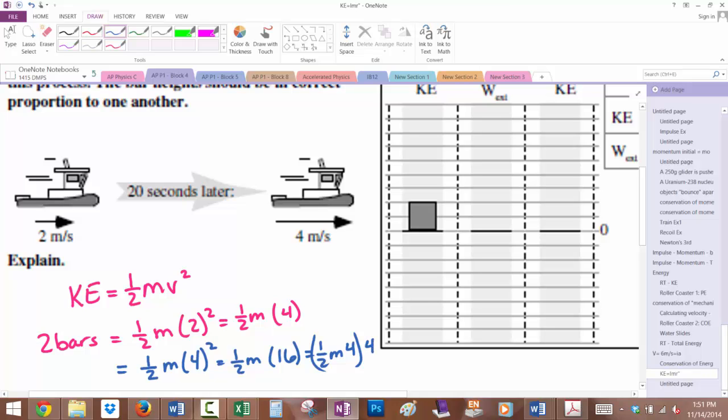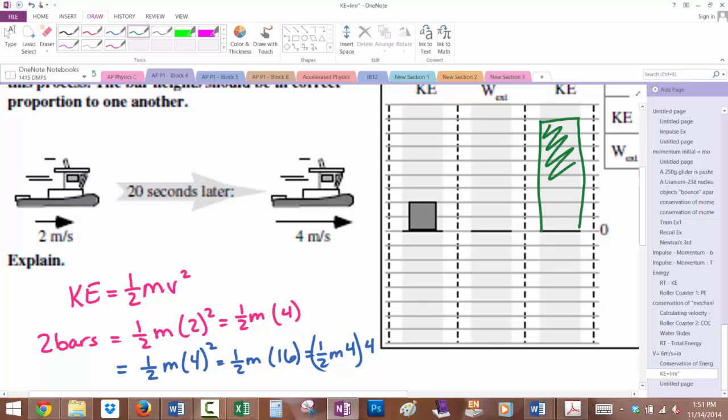So this one needs to be how many times higher than this one? 4 times higher. 4 times 2 is 8. So there you go, we need 8 bars. That's 1, 2, 3, 4, 5, 6, 7. I think that's 8 there.